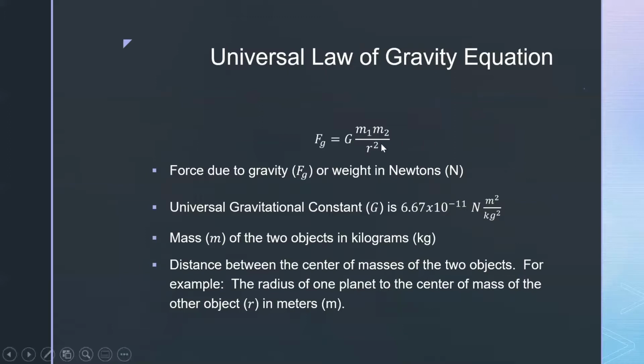Well, it turns out if we just take the universal gravitational constant times the mass of the Earth divided by the radius of the Earth squared, that comes out to be 9.8. And so if you take the universal gravitational constant times the mass of the object divided by its radius squared, you get the acceleration due to gravity on that planet or moon or whatever it is. So that's a way that you can find the acceleration due to gravity on any planet.